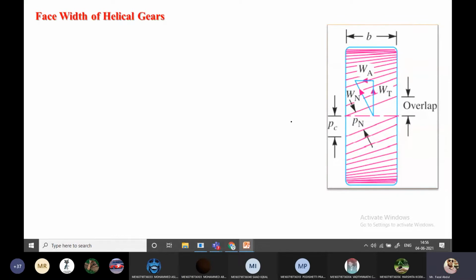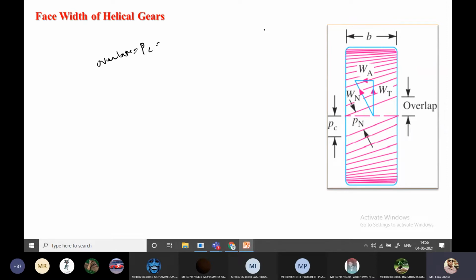So face width. In order to have more than one pair of teeth in contact, the tooth displacement or overlap should be equal to the axial pitch. So axial pitch is nothing but Pc. That is the overlap.